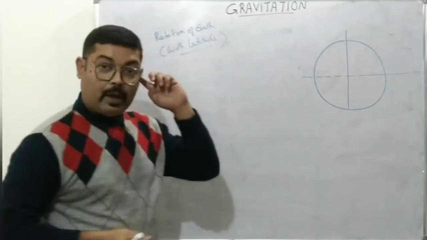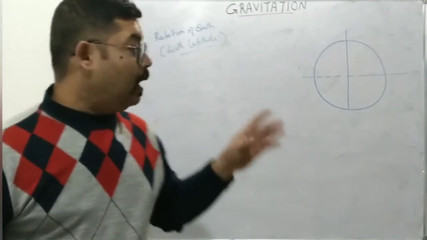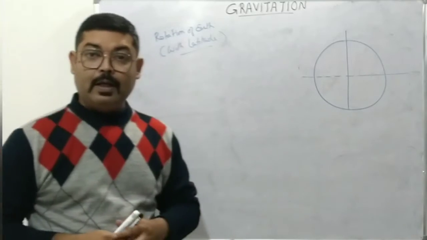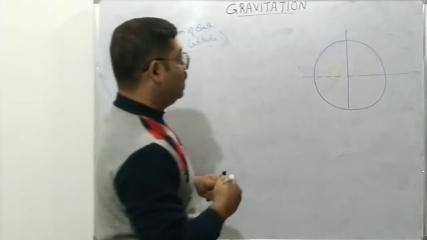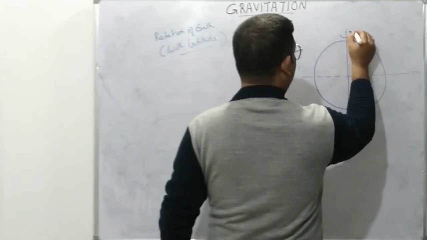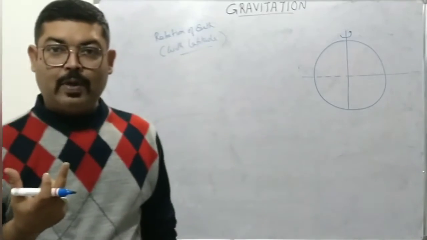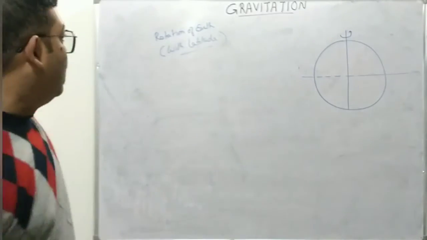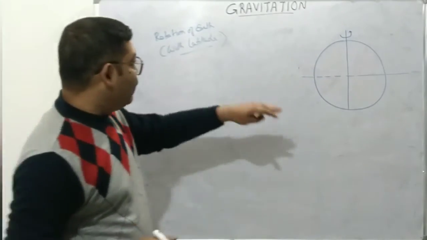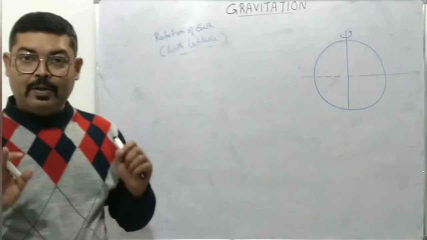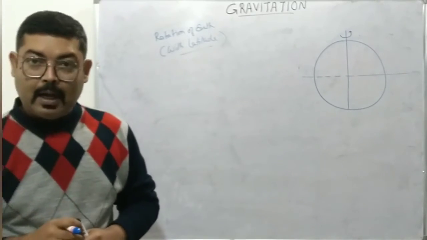Now we come to another important factor affecting the acceleration due to gravity, and that is the rotation of the Earth about its axis. We know that Earth rotates about its axis once in 24 hours, right? And due to this, at different latitudes, the acceleration due to gravity becomes different. Let us see how.